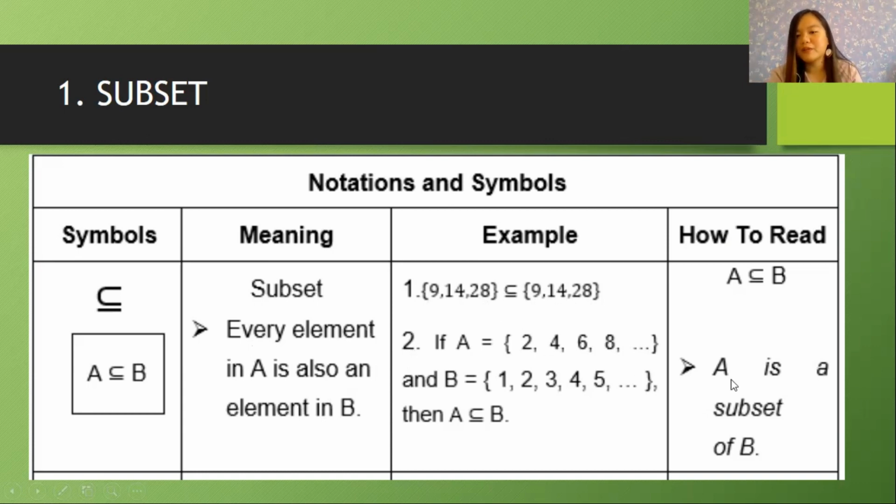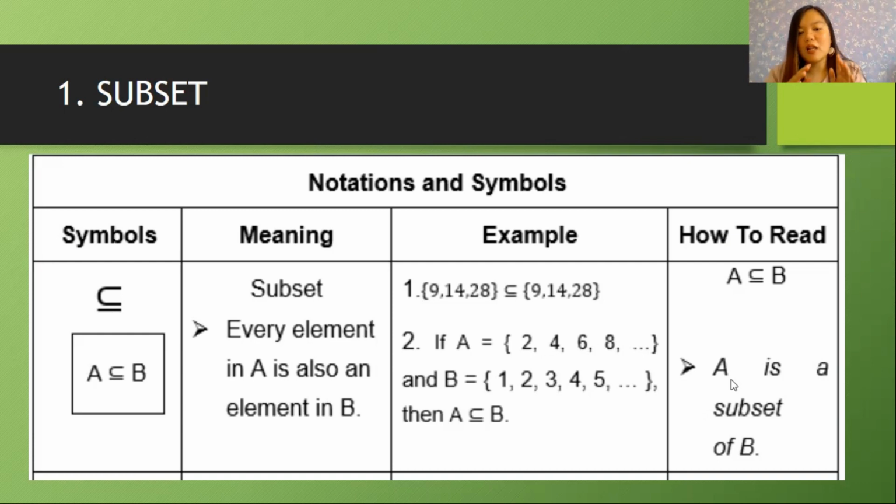Another example, if A equals 2, 4, 6, 8, and B equals 1, 2, 3, 4, 5, 6, 7, 8, and so on and so forth, then we know for sure that the set A are the even numbers, and set B are the set of counting numbers starting with 1.